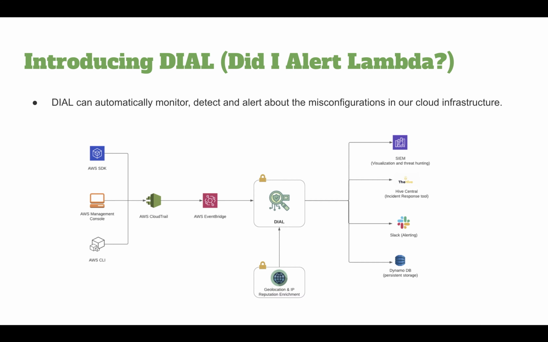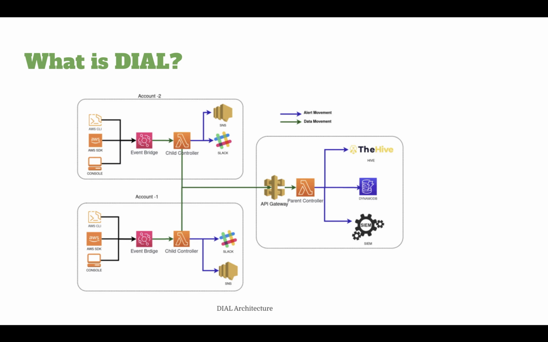It can also forward the alerts to a central incident response tool. So it has given us multiple benefits and it has solved the problem for us. And I'll tell you how. This is basically the Dial architecture when deployed in a multi-account structure. We can easily deploy it in multiple accounts and receive all the alerts stored in one single place.